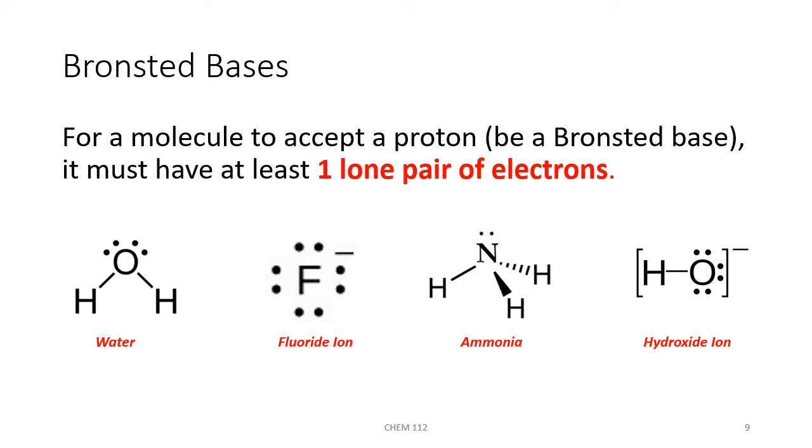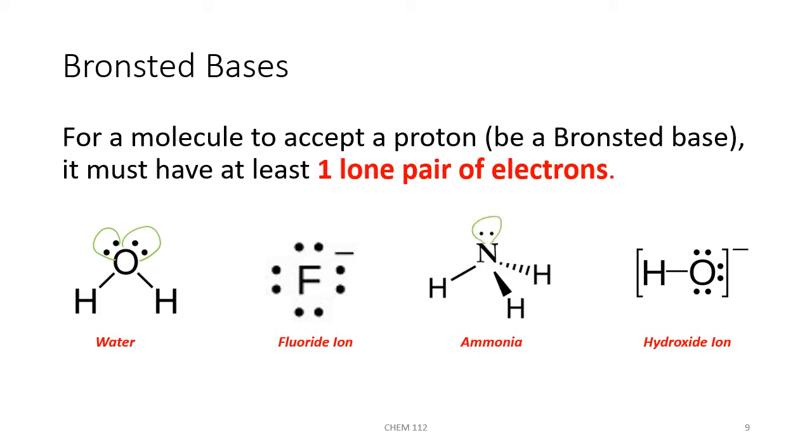There are a lot of species that could be Bronsted bases. A Bronsted base just has to be able to be a proton acceptor. In order for it to accept a proton, it needs to have at least 1 lone pair of electrons on it. So water could technically accept 2 protons. It has 2 lone pairs on it. Fluoride ion has 4 lone pairs around it.